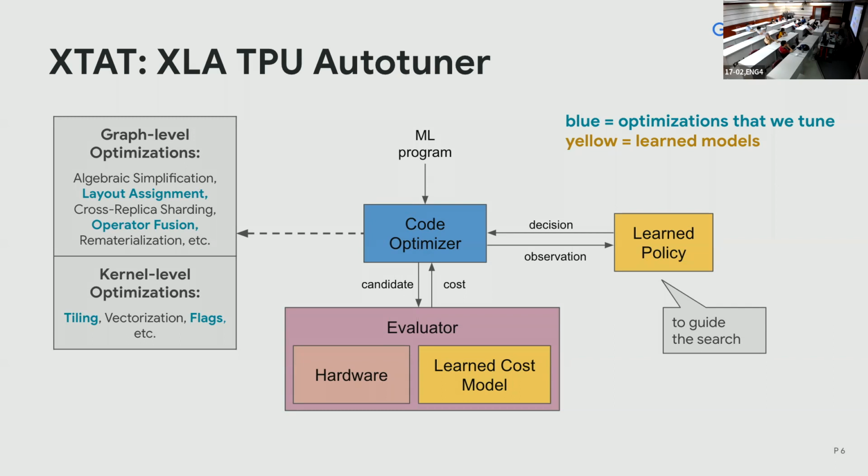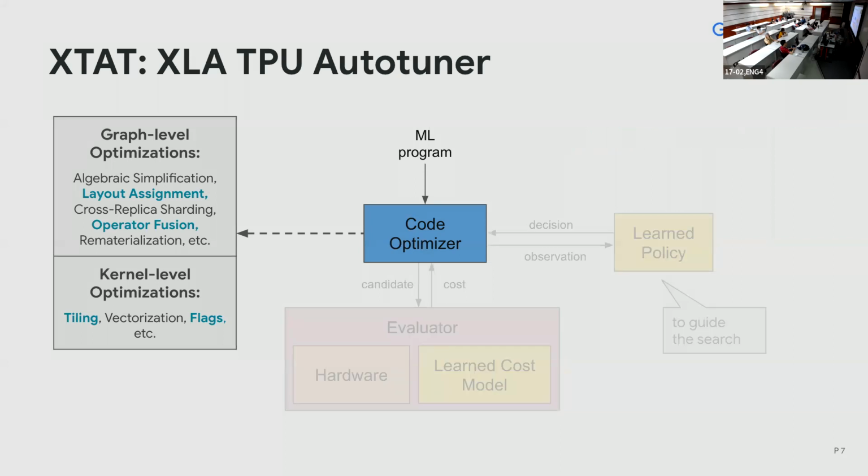Another place that machine learning can come in is guiding the search directly. So perhaps we can say, let's try this configuration next to converge faster to a good solution. So that's the overview, and let me dive into each of the components.